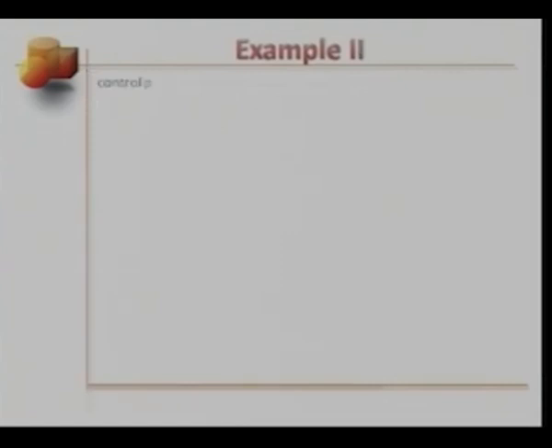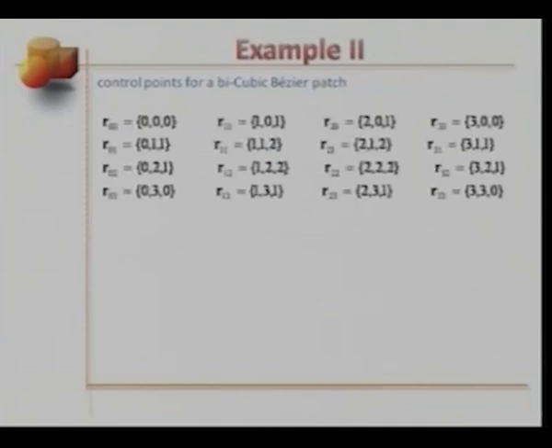The second example. Now this is for a bicubic Bezier patch. The control points are given as R00 is 0, 0, 0, R10 is 1, 0, 1, R20 is 2, 0, 1, R30 is 3, 0, 0, R01 is 0, 1, 1, R11 is 1, 1, 1, R21 is 2, 1, 2, R31 is 3, 1, 1, R02 is 0, 2, 1, R12 is 1, 2, 2, R22 is 2, 2, 2, R32 is 3, 2, 1.